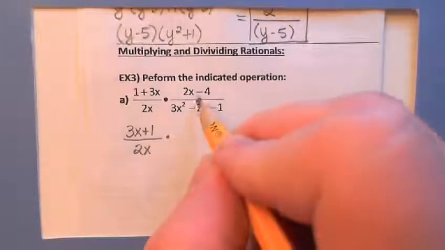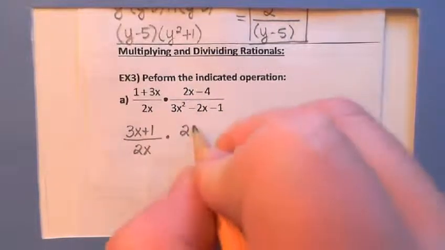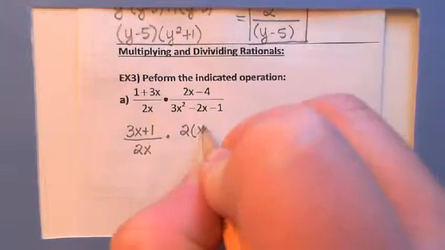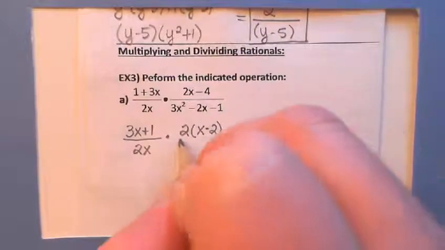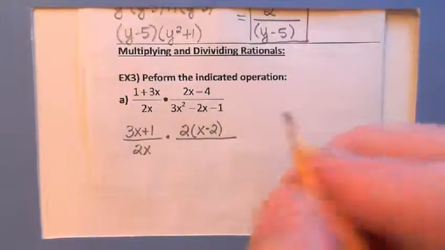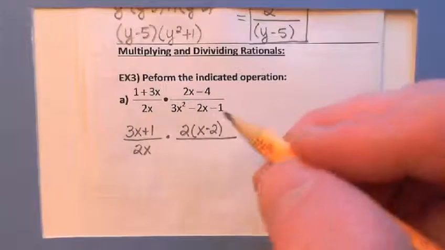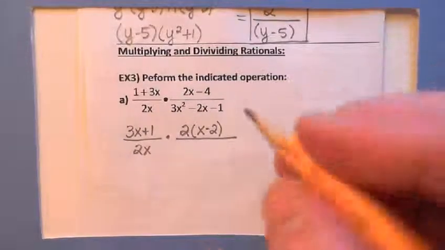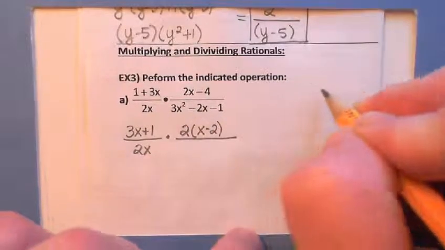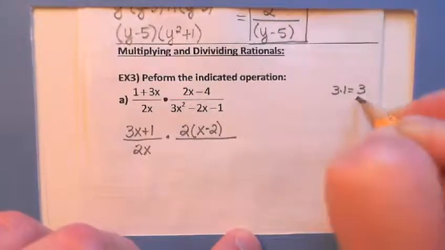Now the next one, can I factor anything from 2x and 4? Yes, I can. I can factor out a 2, so this would be 2x minus 2 over, can I factor anything from these three terms? And the answer is no. Can I apply special factors? The answer is also no. So we're going to do the long way, which is 3 times 1 is 3. What numbers give me 3?